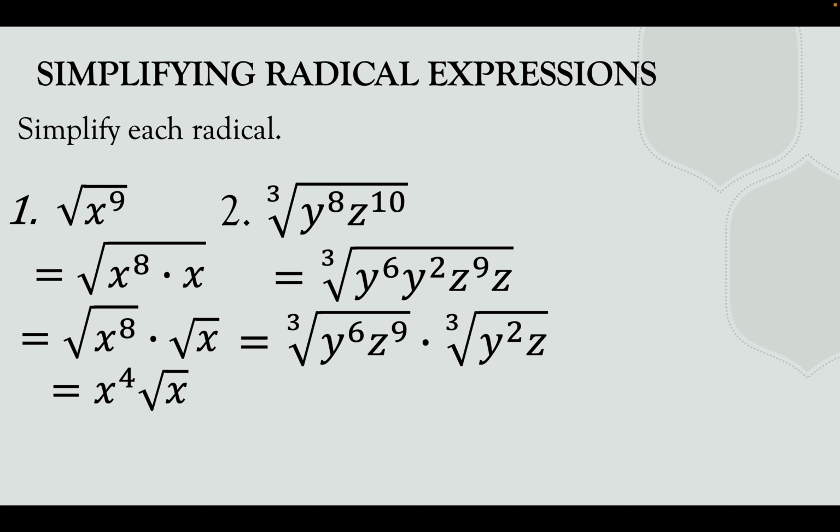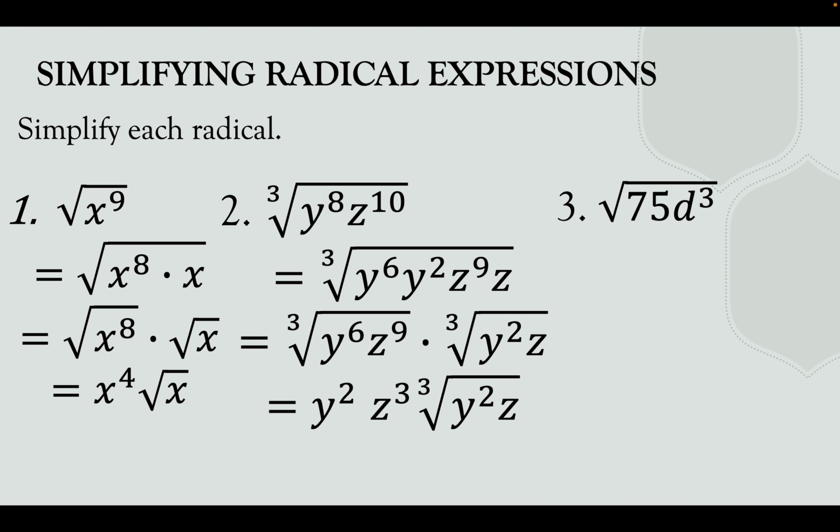We copy the base and divide the exponent by the index: 6 divided by 3, we have y raised to 2, and z raised to 9, copy z, and 9 divided by 3, we have 3. And then you just copy cube root of y raised to 2 z. So the final answer is y raised to 2, z raised to 3, cube root of y raised to 2 z.